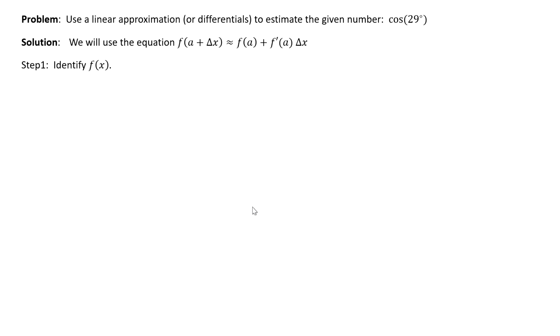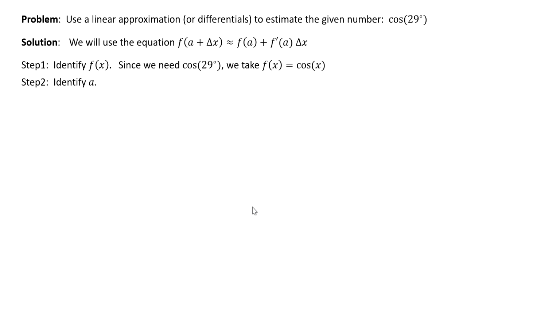We'll use that equation. F of x. You know it, right? F of x is cosine x. Yep. Identify a. Do you know cosine of some value that's pretty close to 29 degrees? Cosine of 30 degrees.